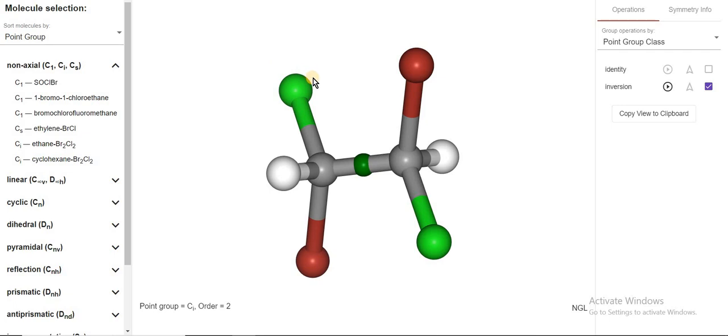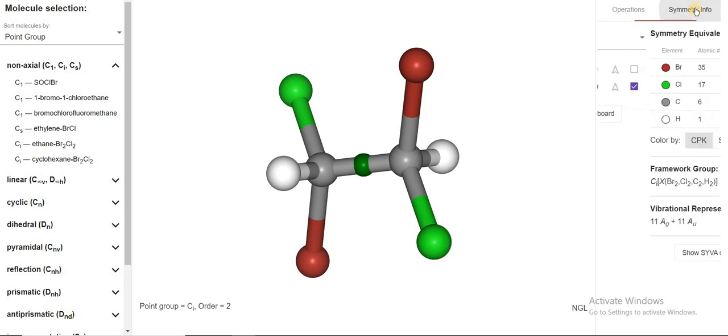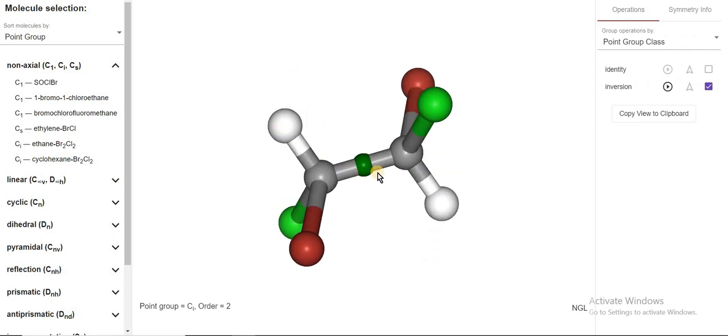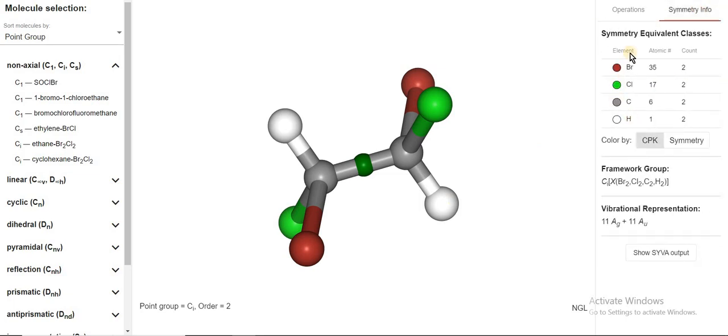So when we go from this point of the molecule through the inversion center to this point, we get a chlorine atom, and when we go from here to here through the inversion center, we get a bromine atom, and when we go from here to here through the inversion center, we get a hydrogen atom.